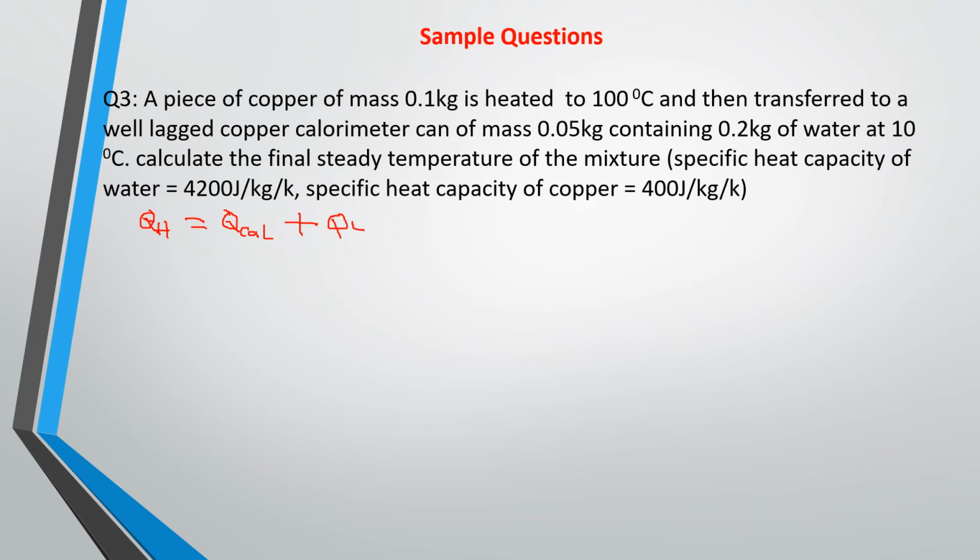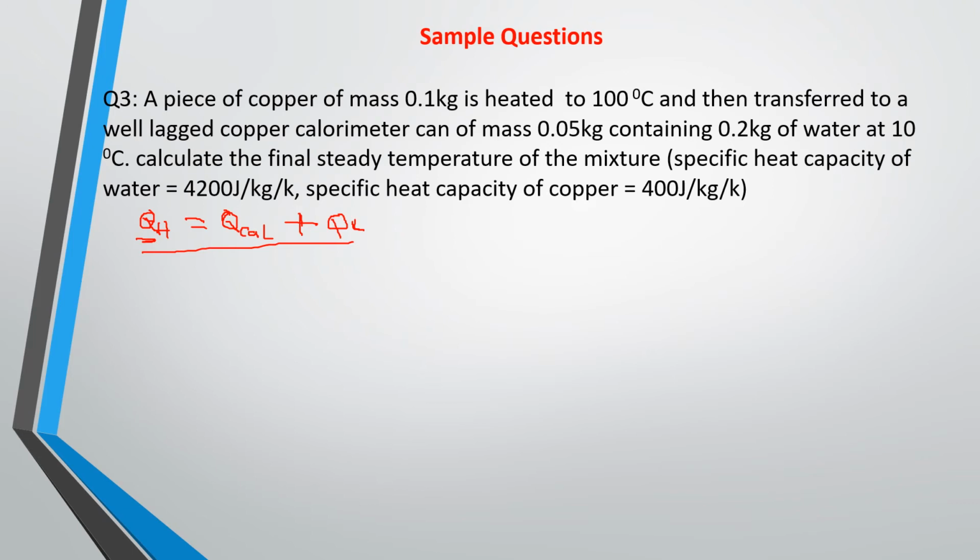I put it as liquid. The liquid could be water, it can be any other liquid, so that's why I say liquid. So this is the equation that we had. Neglecting heat loss to the surrounding, the quantity of heat lost by the hot object equals the quantity of heat gained by the calorimeter plus the quantity of heat gained by the liquid.